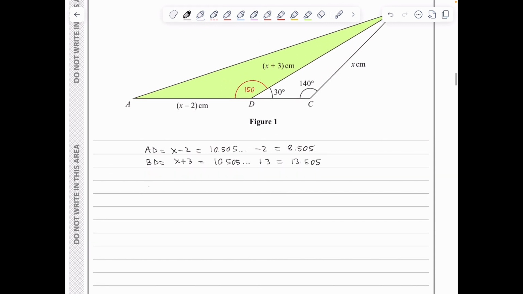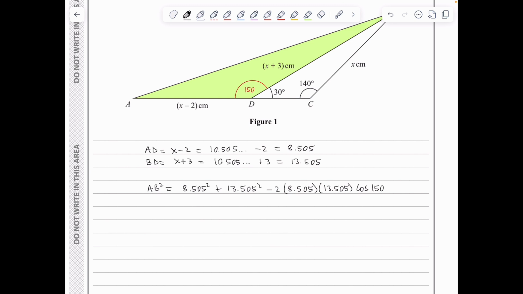We know that AB squared will be given by AD squared, so 8.505 squared, plus BD squared, so 13.505 squared, minus 2 times the AD, so the 8.505, times the BD, the 13.505, times the cosine of the included angle, so cos of 150.